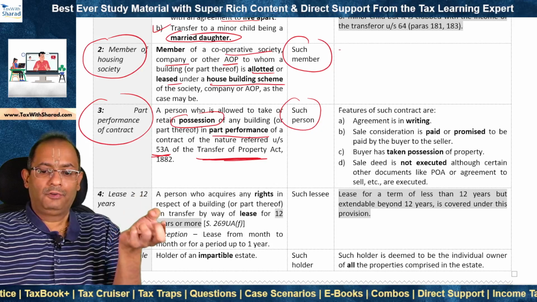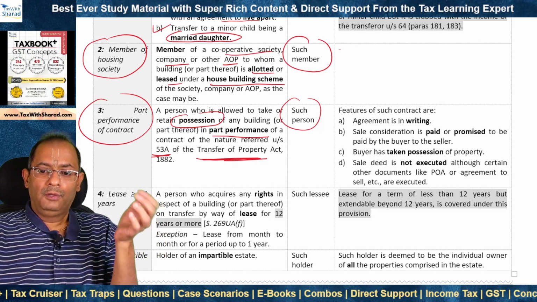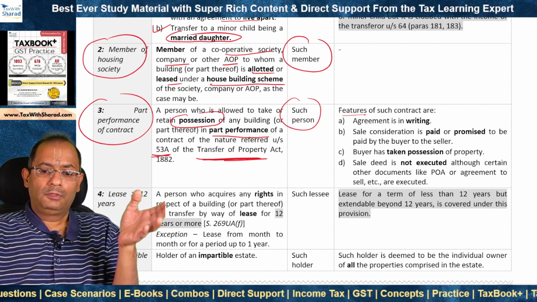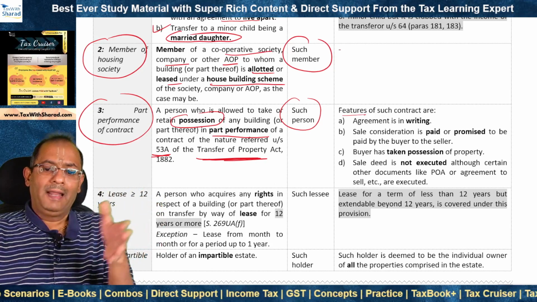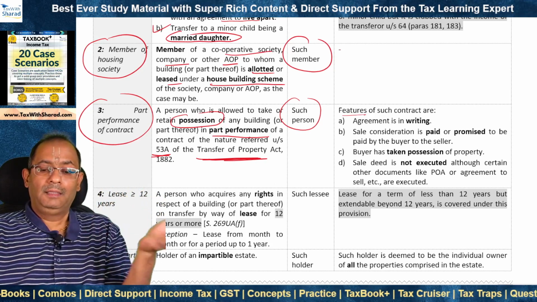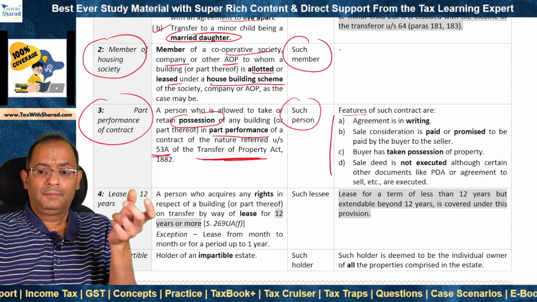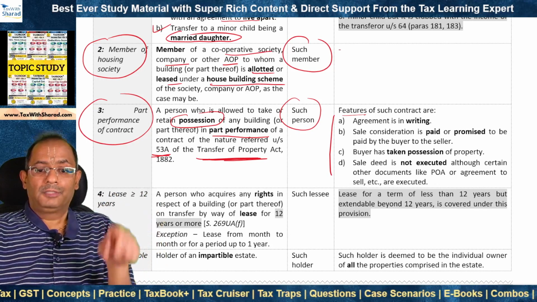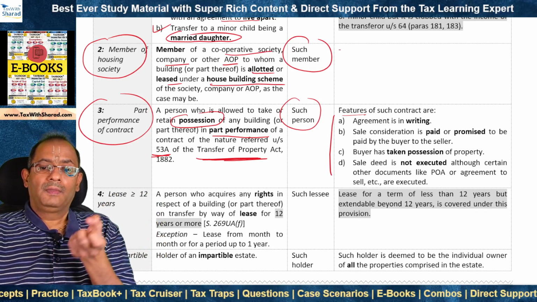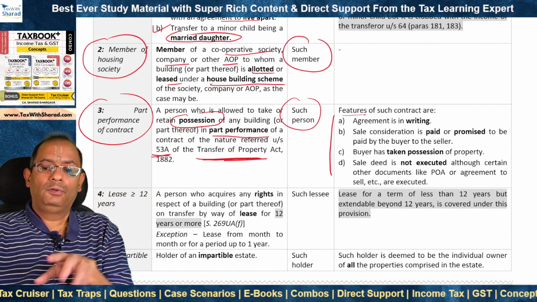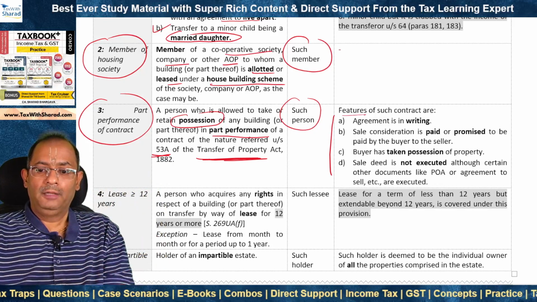Now there is this Transfer of Property Act 1882 which details out certain features of a contract where it can be said that there is a part performance of a contract, and if these conditions are fulfilled, then the person who is acquiring the property is considered or deemed to be the owner of such property even though the sale deed has not yet been executed.